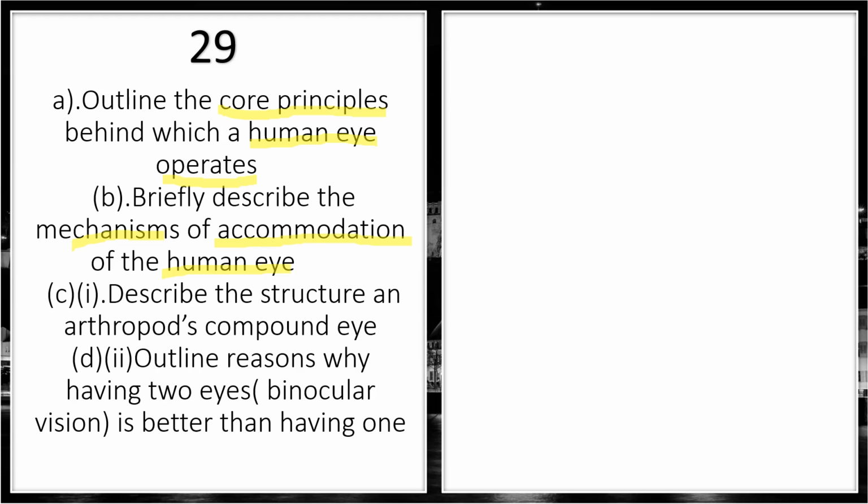C. Describe the structure of the arthropod's compound eye. D. Part two of part C: reasons why having two eyes, binocular vision, is better than having one.